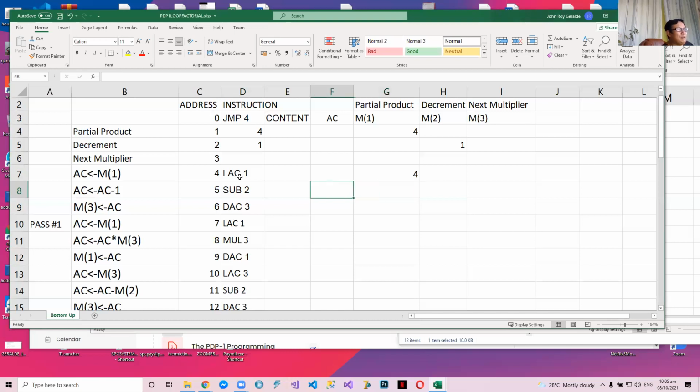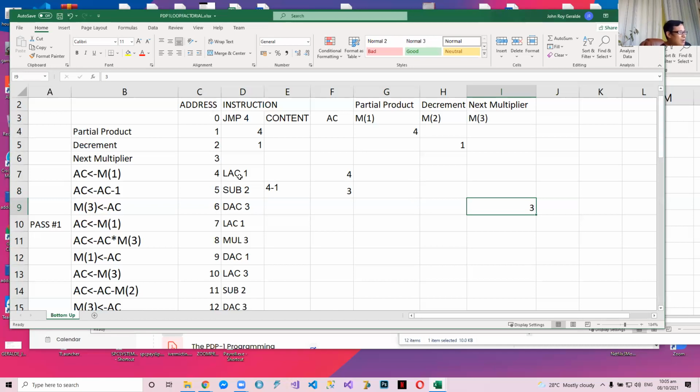Here we say sub 2. So this becomes 4 minus 1, which is 3. Do you follow? And we say dac 3. Dac 3 is actually store, so the 3 will be deposited here. Do you follow? So different commands, the same. They are synonyms, no?